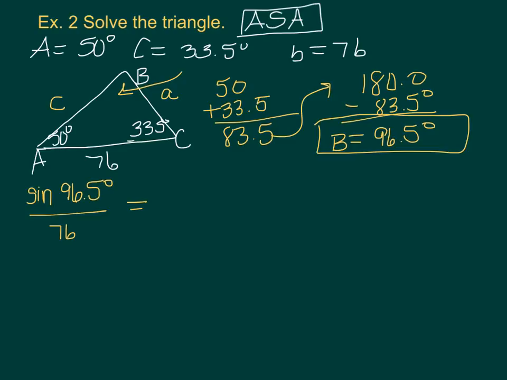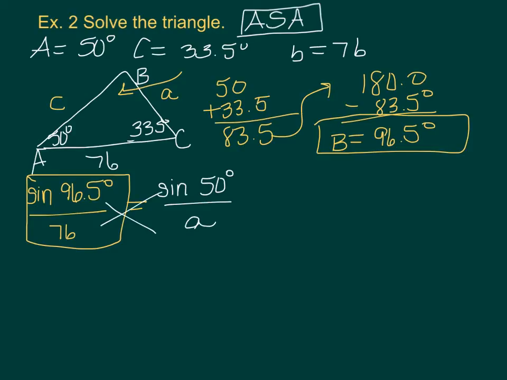So I'm going to use this ratio to help me find either little a or little c. So let's go with a again. So you're going to do sine 50 over little a. And then you cross multiply again.